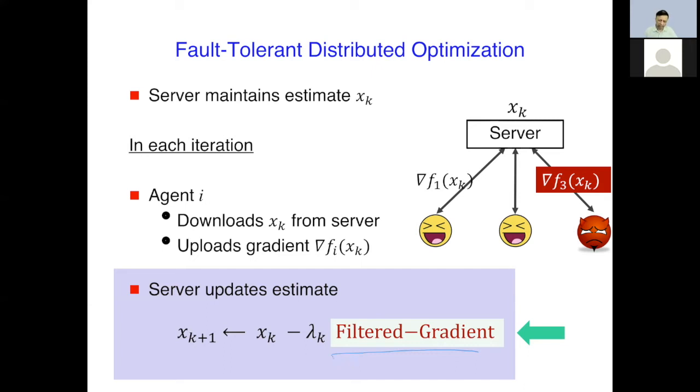Other than that, the algorithm remains the same. The question, of course, is how this filtered gradient is computed. For that, I will present a few different filters that people have introduced in various papers in related topics, and they all provide some useful fault tolerance properties.